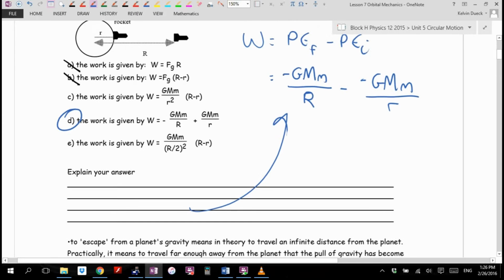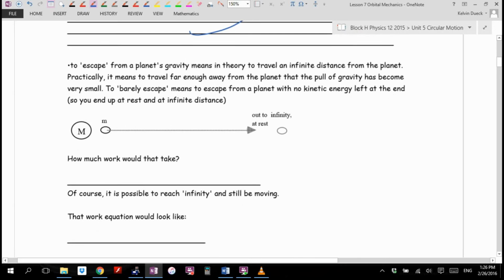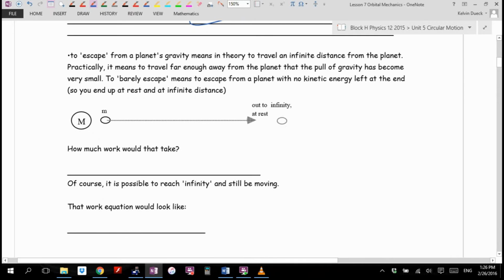Then we talked about escaping from a planet's gravity. To escape from a planet's gravity means, in theory, to travel an infinite distance from the planet. Now, you guys argued with me last day, so practically it means to travel far enough away from the planet so that the pull of the gravity of that planet is basically zero, is negligible.